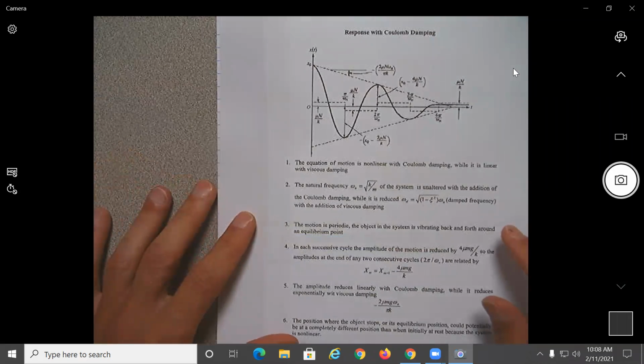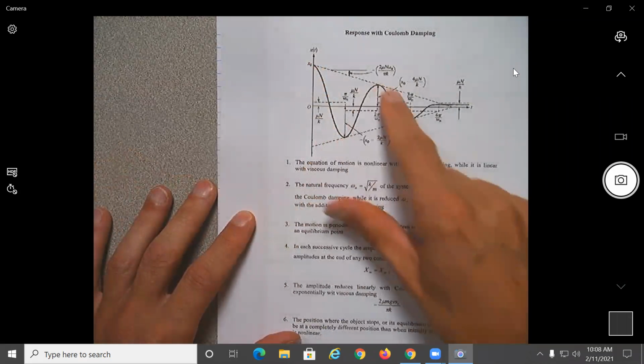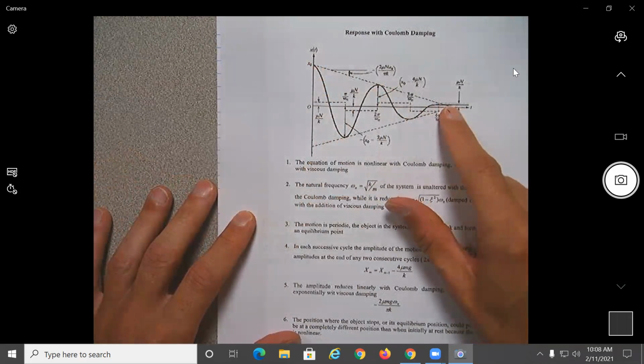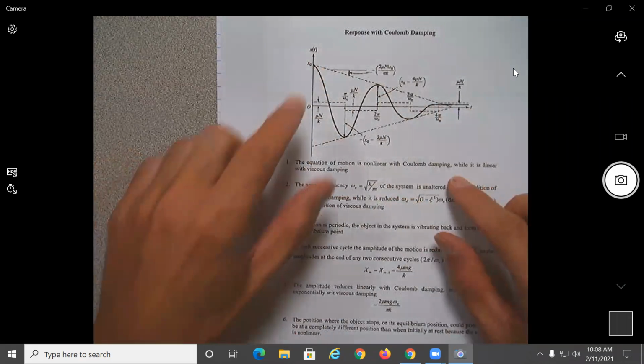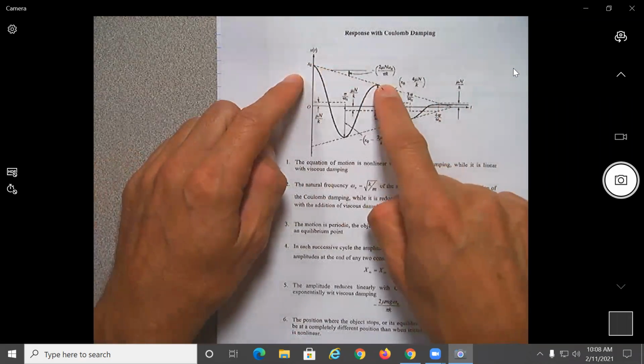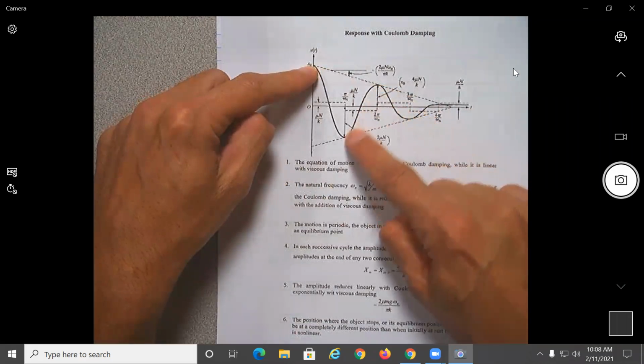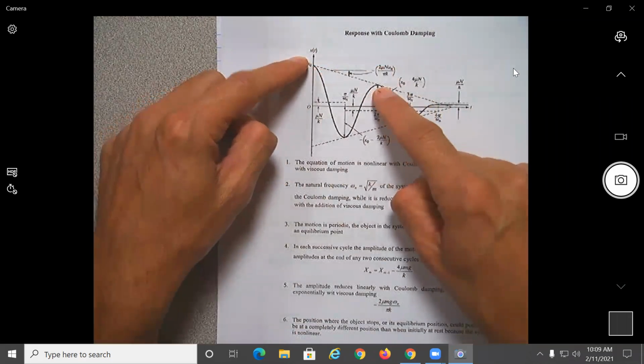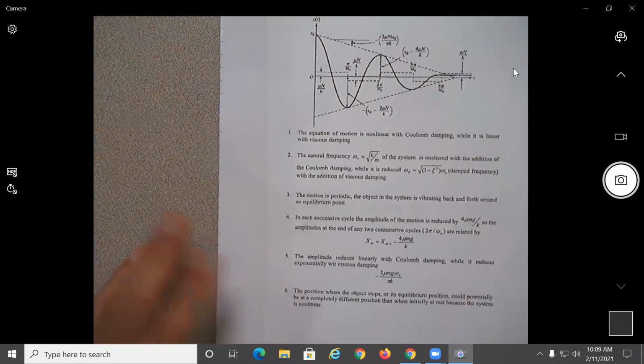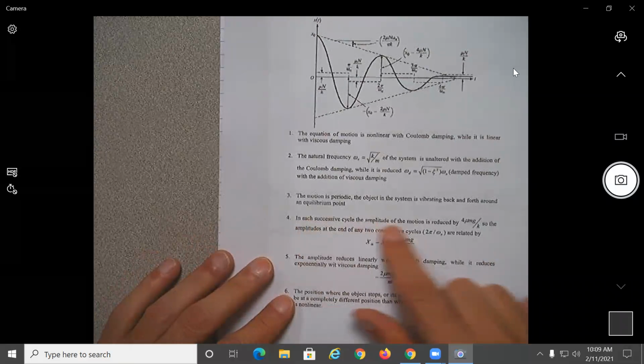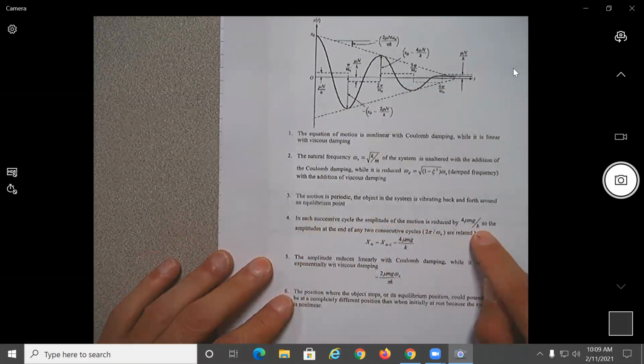So we agreed that due to the dry friction of the Coulomb damping, the response is going to be going down. Okay, so this will be again one period, and on each period, how much is the amplitude going to decrease? You could do that. There are some simple calculations, but that should decrease about 4 mu mg divided by k.